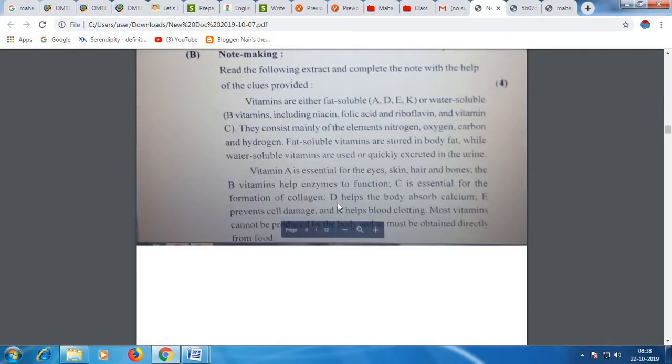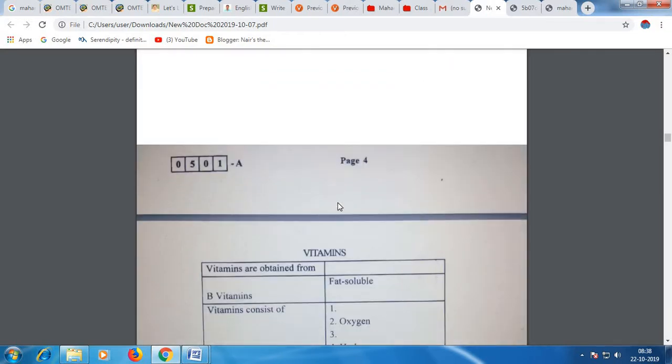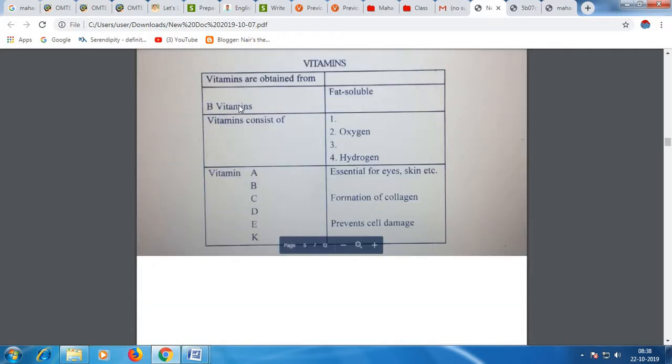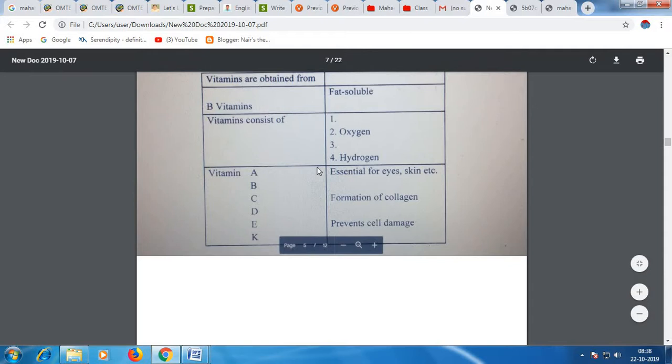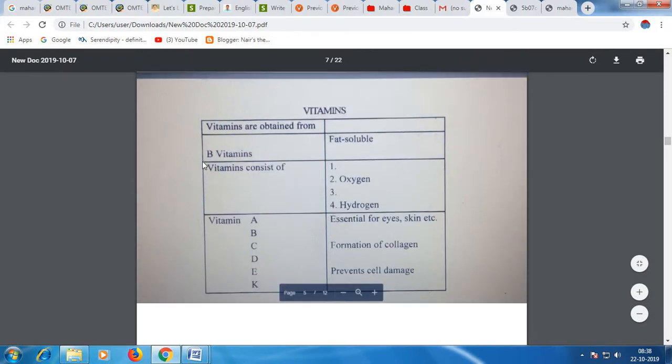And here in the note making, you can see how the question has been asked. See, half is given to you. B, vitamins. Now here this part is left. Vitamins consist of oxygen, hydrogen. First and third are left.